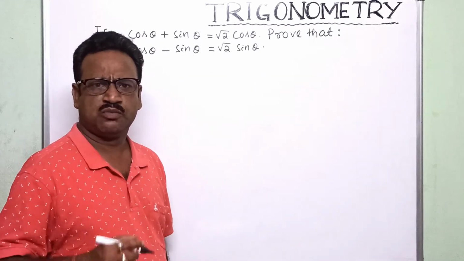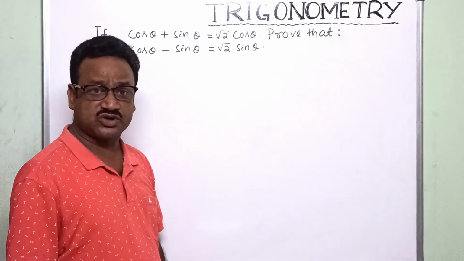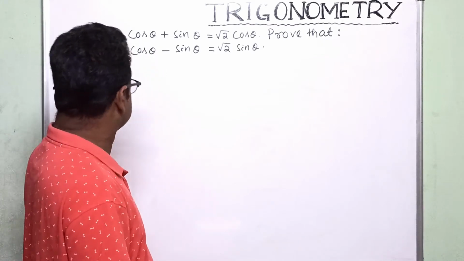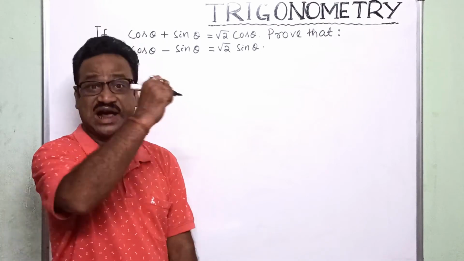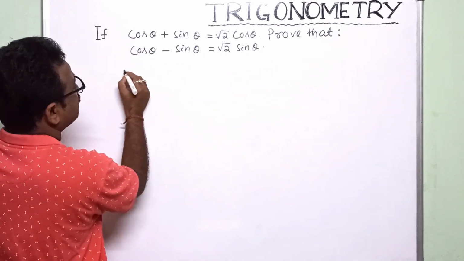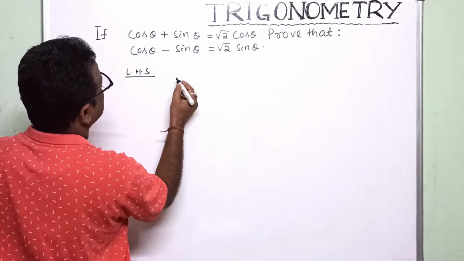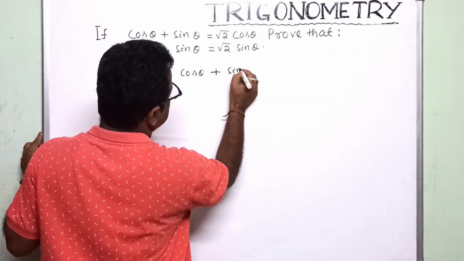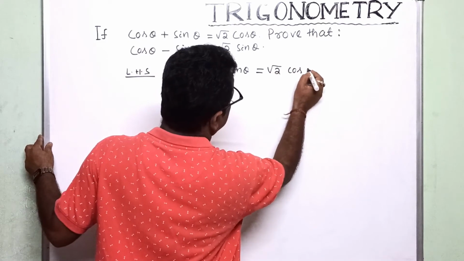So now move on to the next question. If cos theta plus sin theta is equal to root 2 cos theta, prove that cos theta minus sin theta is equal to root 2 sin theta. So let us see what is given. Given LHS, cos theta plus sin theta is equal to root 2 cos theta.